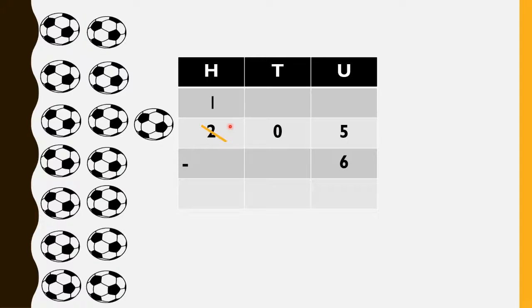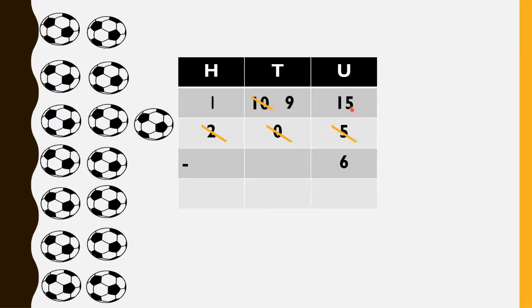Students, always remember we directly can't borrow from hundreds place. So now we have 10 tens. Now from this 10 tens we can give 10 units to units place. So here it will become 9 and here already we have 5 units and now we have borrowed more 10 units.